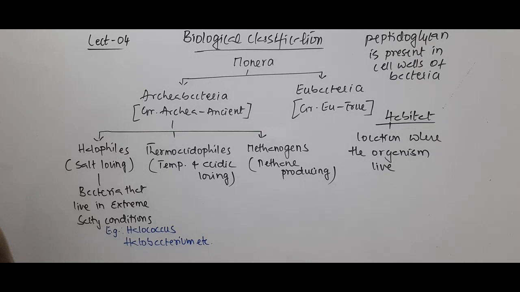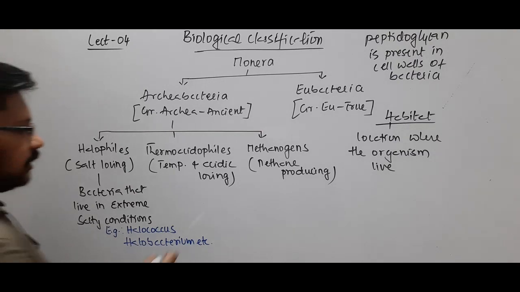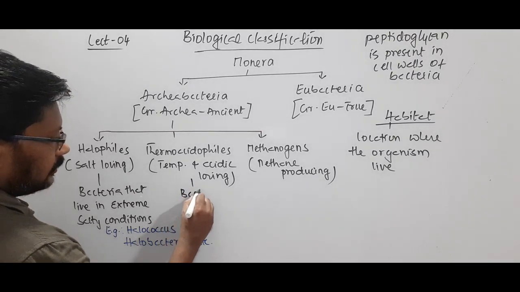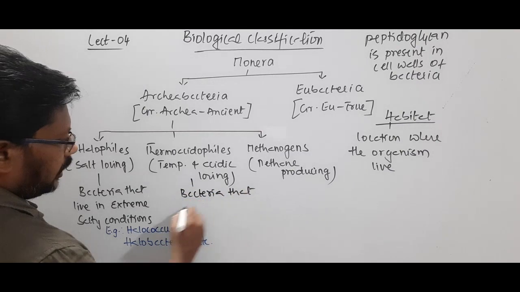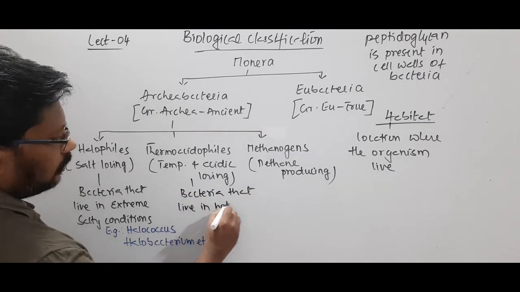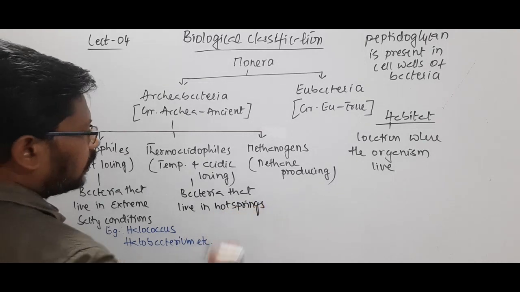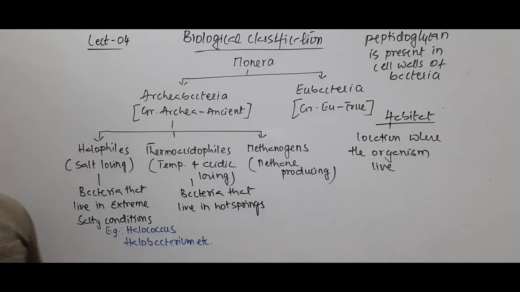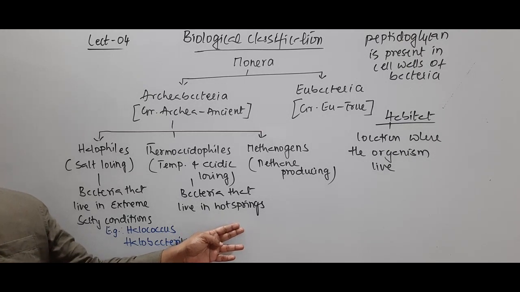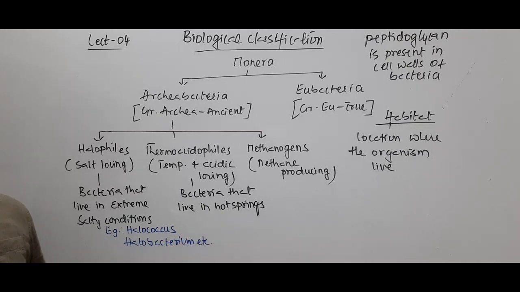Coming to thermoacidophiles, these are bacteria that live in hot springs. Hot springs are locations near volcanic eruptions where water gets collected and the water will be in a boiling state, with temperatures of 100 degrees Celsius, and even at those temperatures you will see some bacteria present.